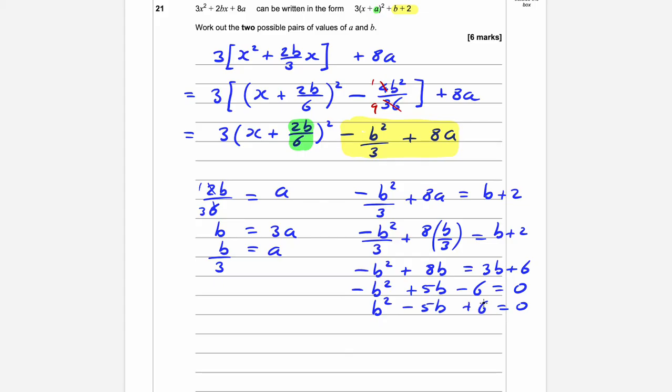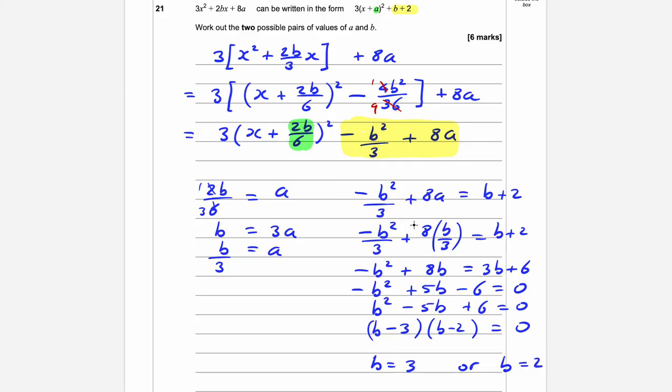I'm going to go with 3 and 2, minus 3 and minus 2. So I have b minus 3 and b minus 2 equals 0. So I have b equals 3 or b equals 2.